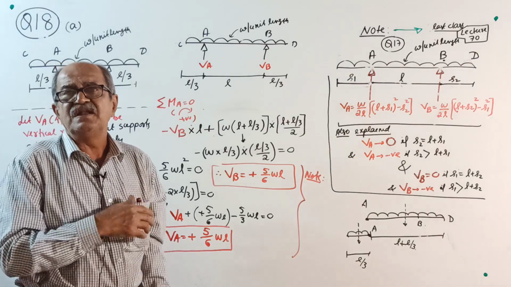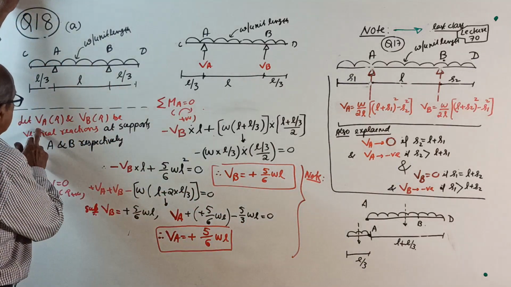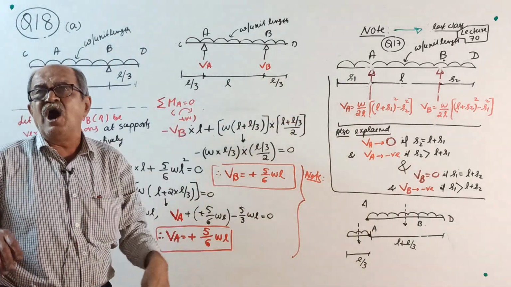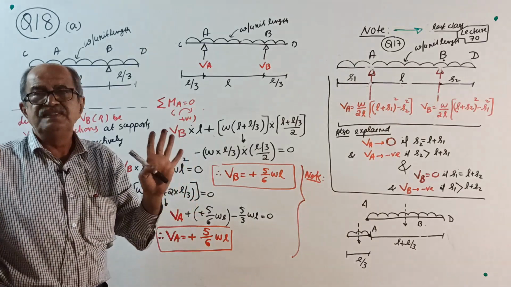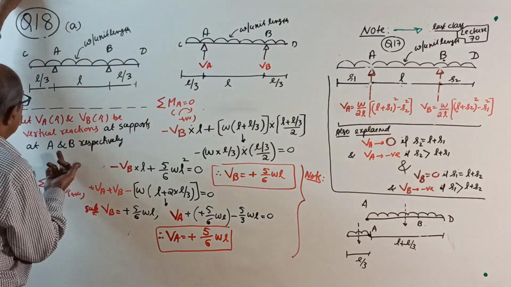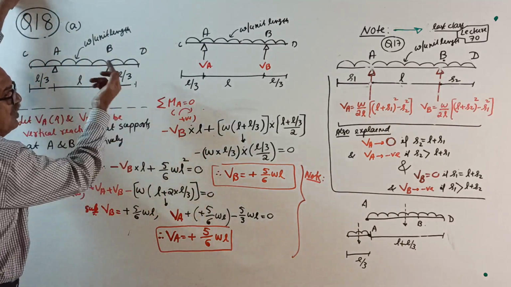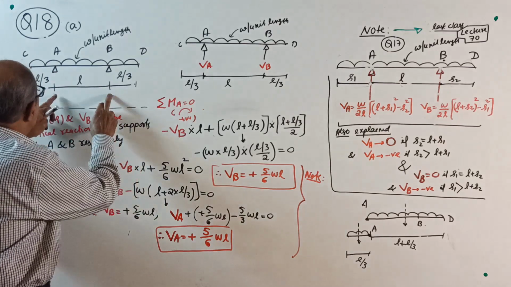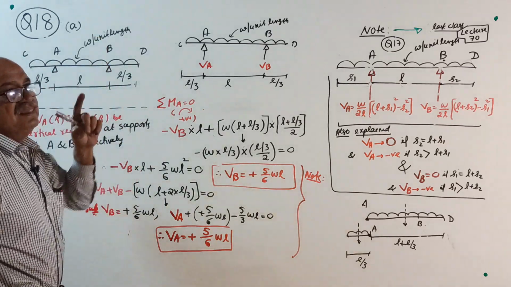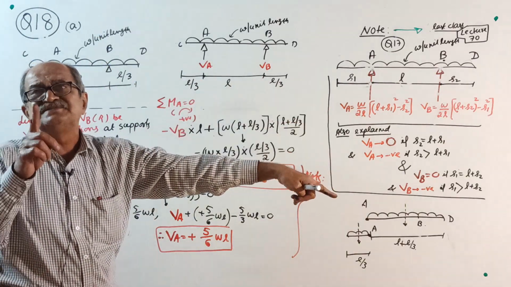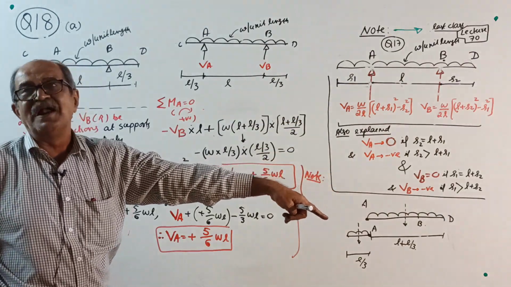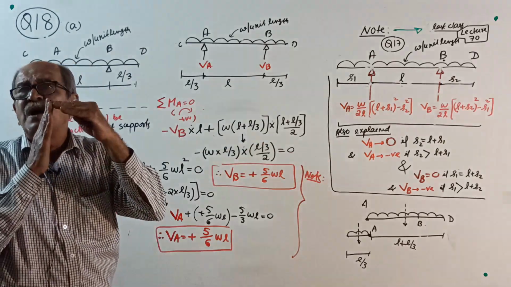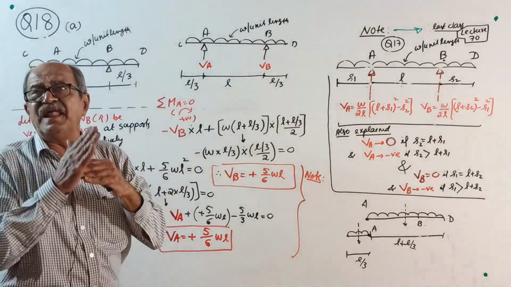Find support reactions. Usual statement: VA up. I told you, sometimes negative can come, that we will know later. So in the beginning we will take VA upward, VB upward. I told this so many times. If you assume both reactions upward, later if you get a positive value, your assumption of upward is correct, enter it in the upward direction.